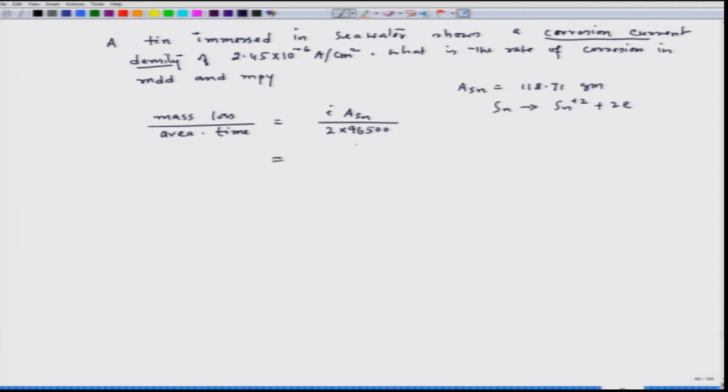I is in ampere per centimeter square, A Sn is in gram, and here I can put the value 2.45 into 10 to the power minus 6, n is equal to 2, and F is 96500 coulomb.